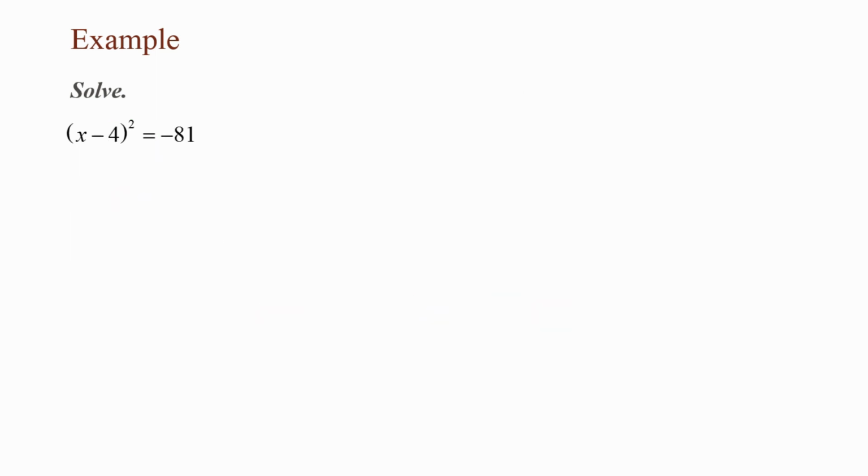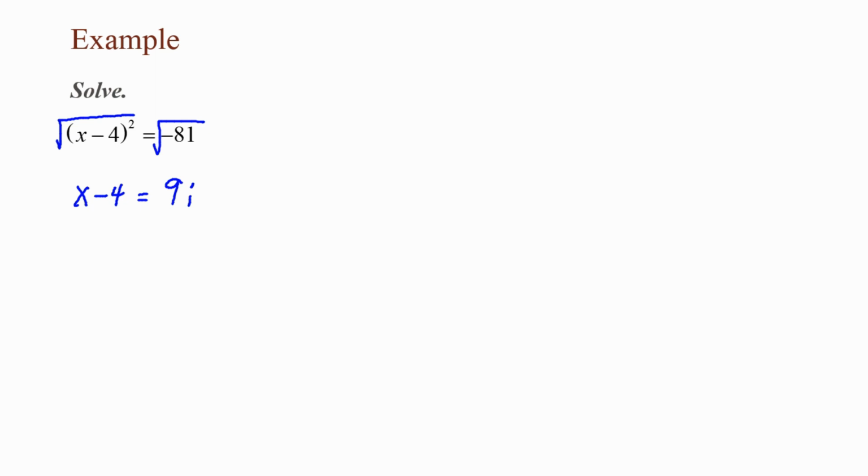In this example, solve (x minus 4) squared equals negative 81. So square root both sides. The square root of (x minus 4) squared is x minus 4, equals the square root of negative 81, which is 9i, because the square root of 81 is 9 and the square root of negative 1 is i.